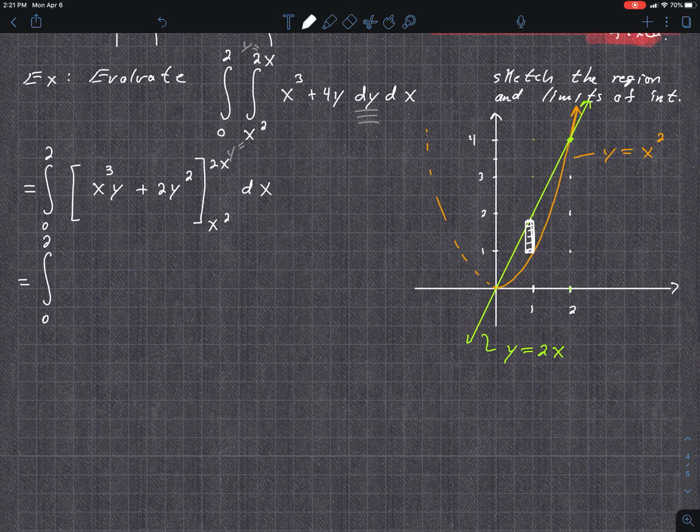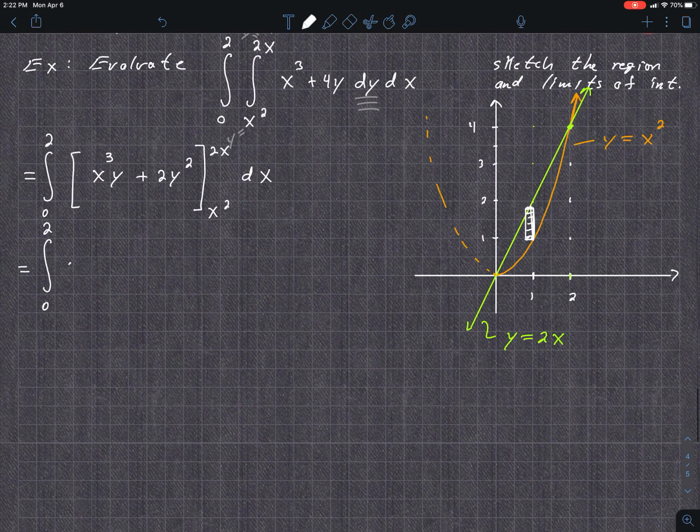So that equals the integral from 0 to 2, and it'll be x cubed, and then you get 2x plus 2 times 2x squared minus, and then now substitute in the x squared.